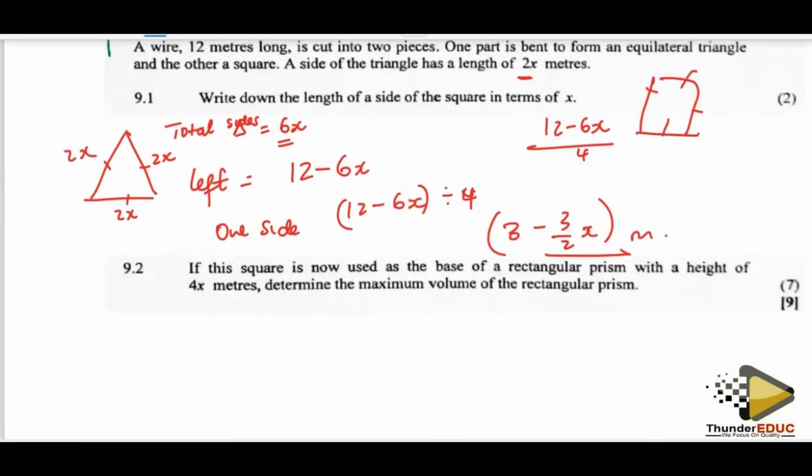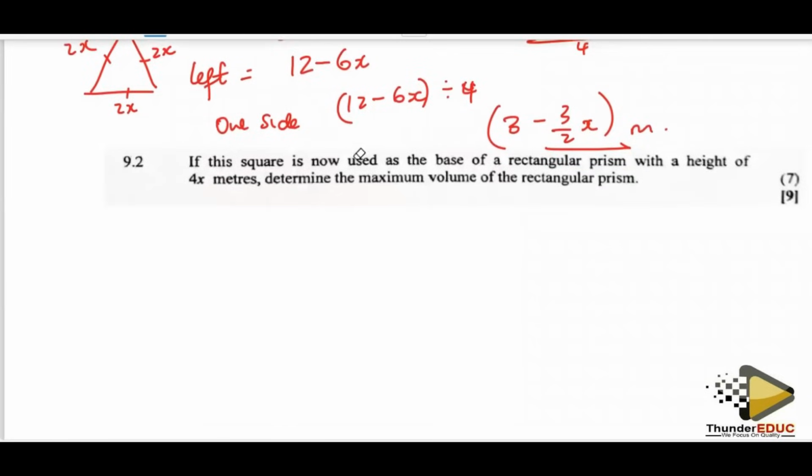Then they're telling us that now we focus on the square whose side is 3 minus 3 over 2x. So if we choose to use the square as the base of a prism, the height is from determining the maximum volume.